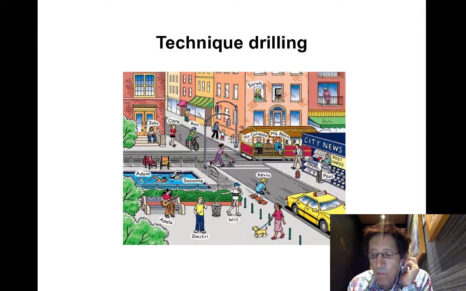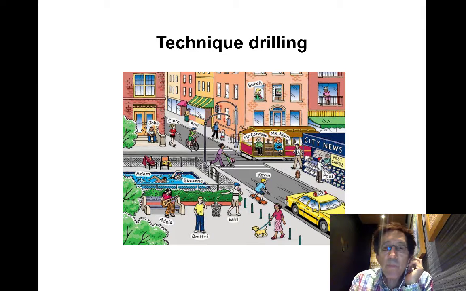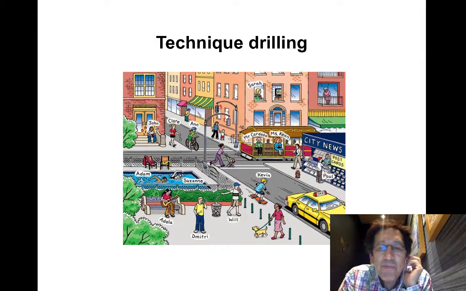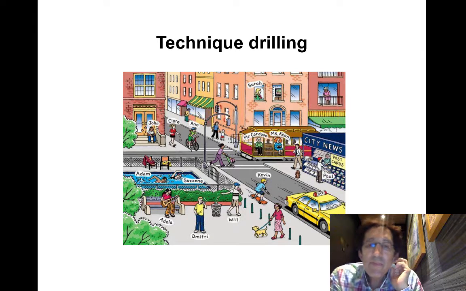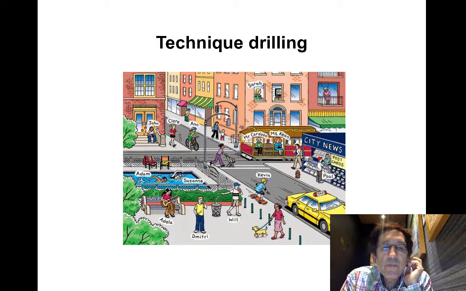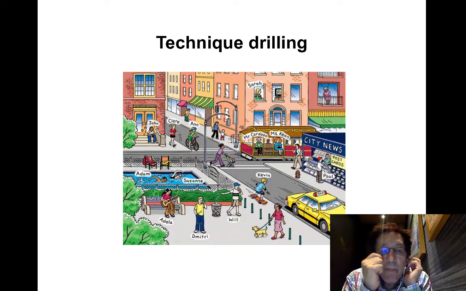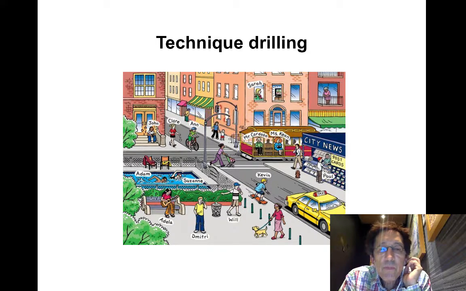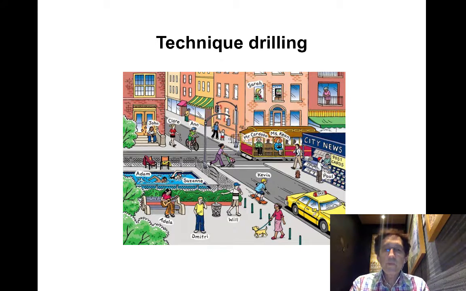Paul is wearing a red hat and a white t-shirt. And behind Paul there's a yellow taxi, and it is driving so fast.